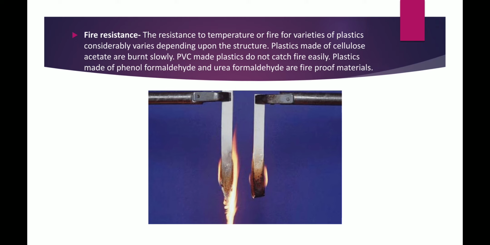Fire resistance. The resistance to temperature or fire for varieties of plastics considerably varies depending upon the structure. In order to suppress or delay combustion, retardant plastic additives are added to plastics, and these compounds are usually effective in impeding burning in the ignition phase of fire, but they do not prevent charring or melting, nor do they increase the heat resistance.